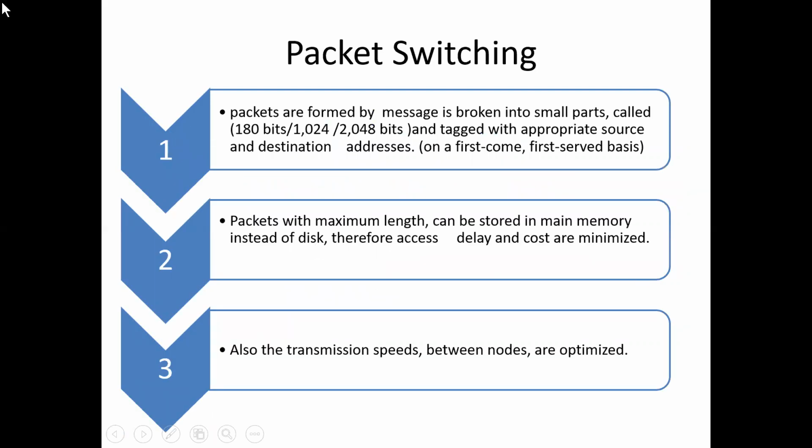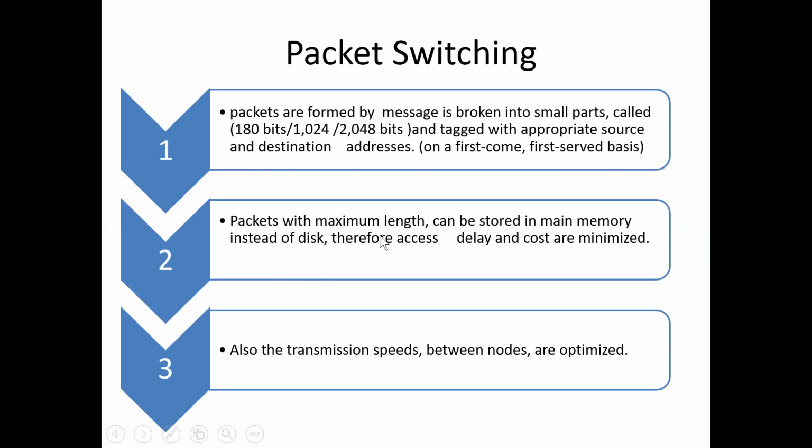In case of packet switching, the packets are formed by breaking down the message into small parts, like 128, 1024, 2048 as a general arrangement, and they are tagged with both source and destination addresses. In case of a message, the destination address was given to the entire message. Here packets are formed.